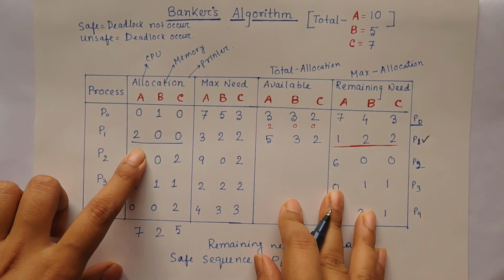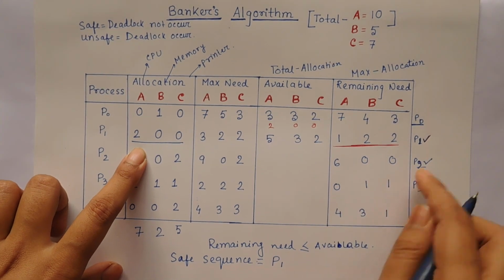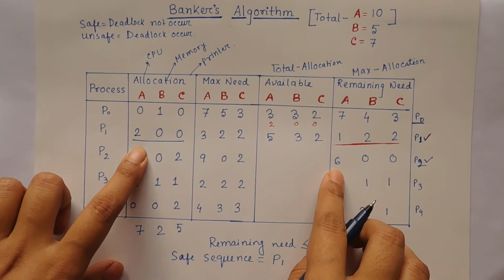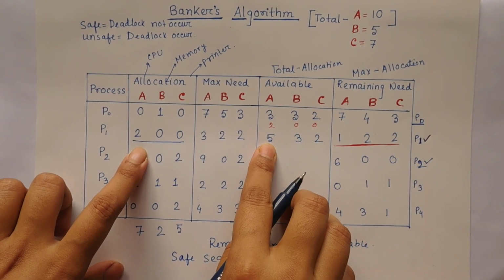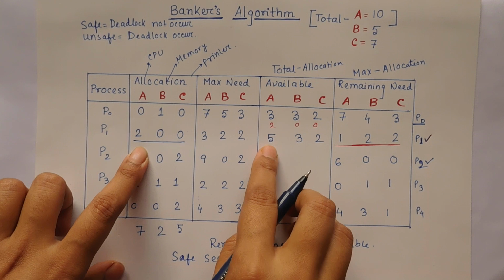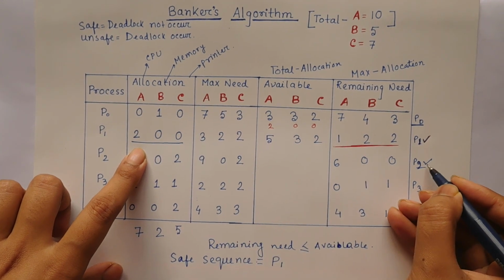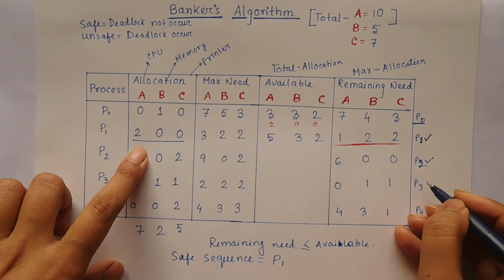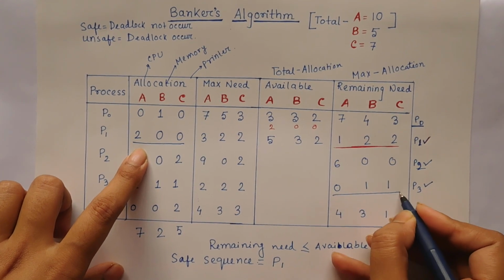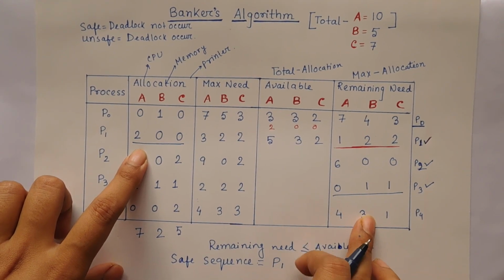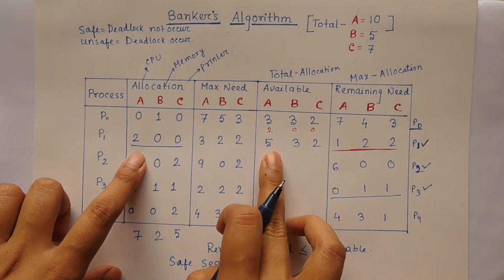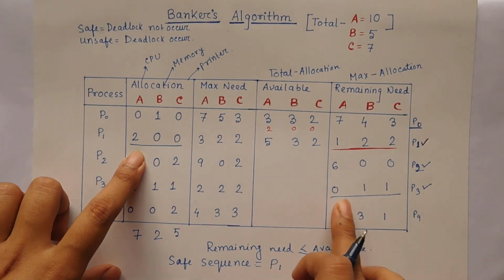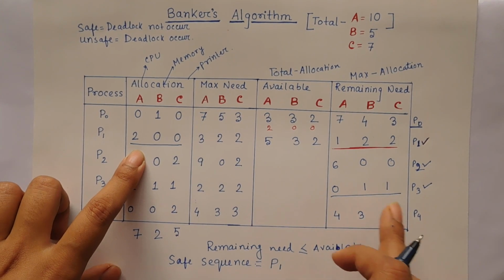Now we consider the next process, that is P2, but here the need is 6 for the resource A and the available instances of A is 5, so we can't consider this. The next process is P3, and for P3 we can easily see the remaining need is less than available, so we can easily grant it.